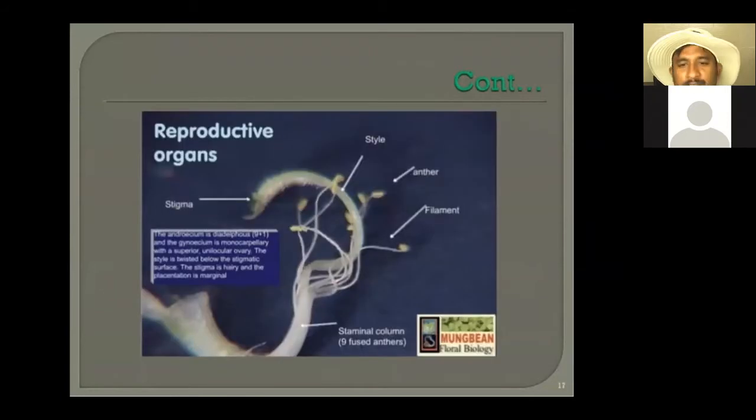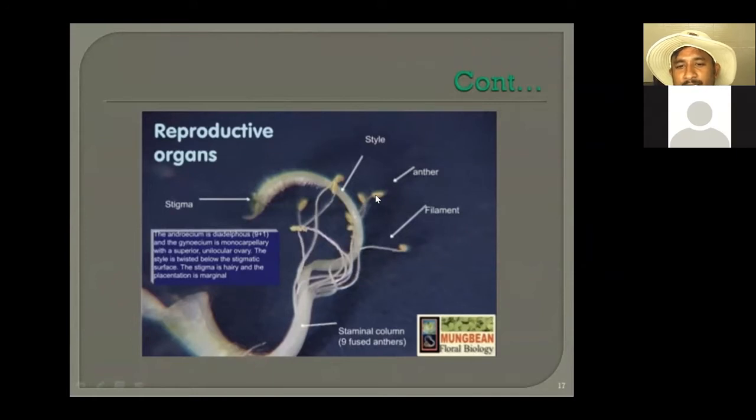And if you open all 5 petals and take them out, this is how a stigma looks. The stigma has a hairy structure like this, trichomes, and this is the style of the stigma. Then we have a filament and the anthers, where you will get the pollen.